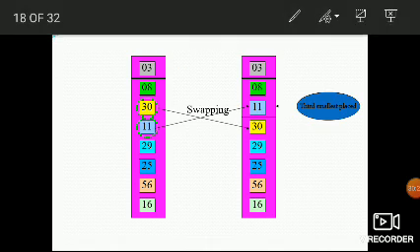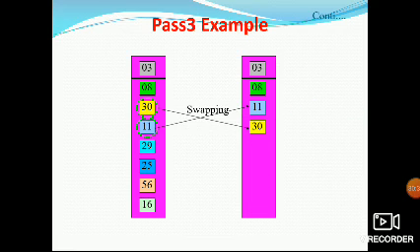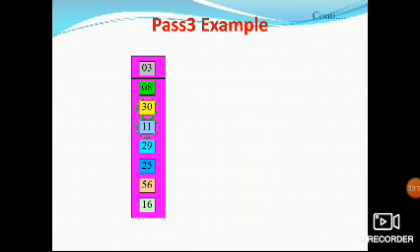So selection sort is nothing but selecting the smallest element in the given list. Then we have to compare all the elements, and the smallest one you have to replace with the first element.